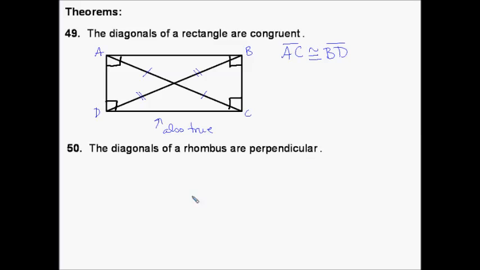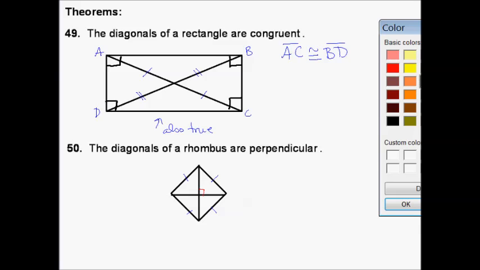Then we get to a rhombus, which that is not a rhombus. It's a bad rhombus. Nope. So we have the rhombus, where all these sides are the same. Well, in a rhombus, the diagonals are perpendicular lines.